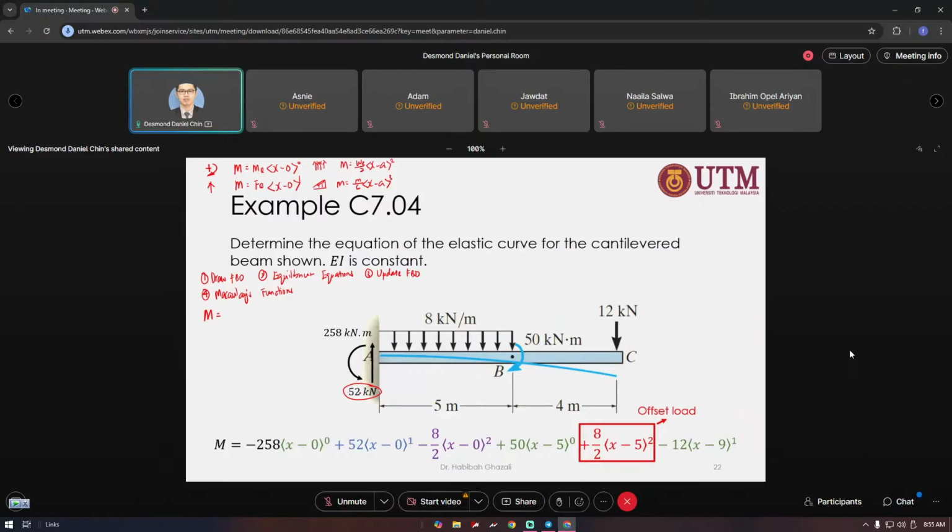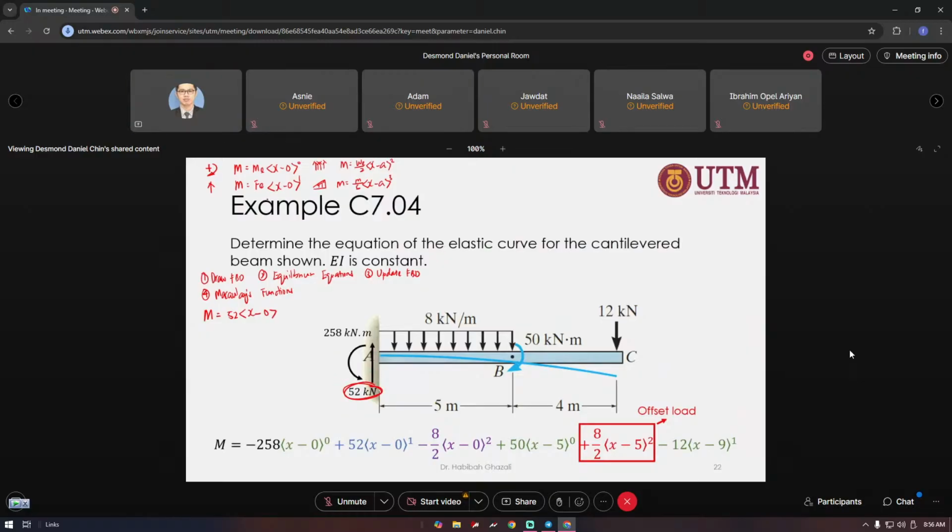So, focus on the 52 kilonewton. This is pointing upward. So obviously I have to apply the second equation, isn't it? Since it is already pointing upward, it obeys the direction of the Macaulay's function. So this is 52 bracket x minus 0, because the loading position is at x equals to 0.